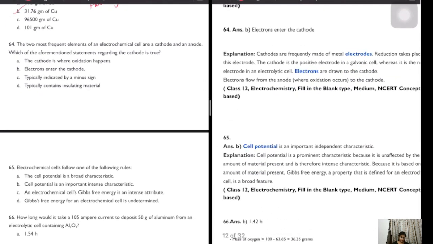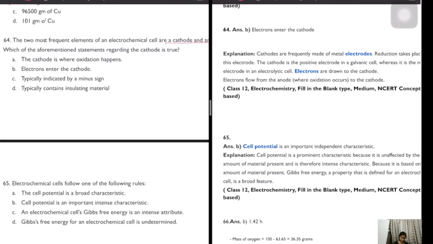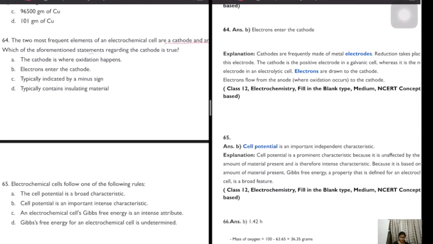According to the next question, the two most frequent elements of an electrochemical cell are cathode and anode. Which of the aforementioned statements regarding the cathode is true? One shortcut trick I'm telling you here, keep this thing in mind.